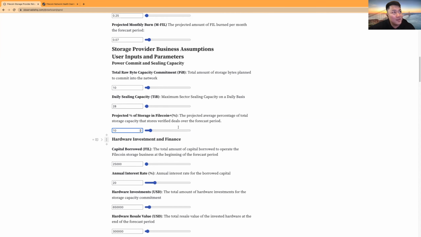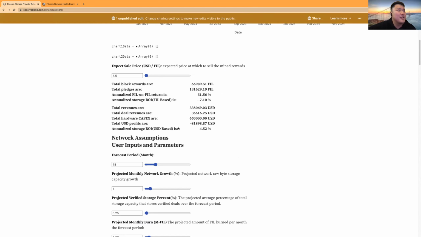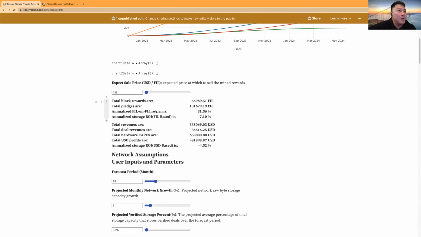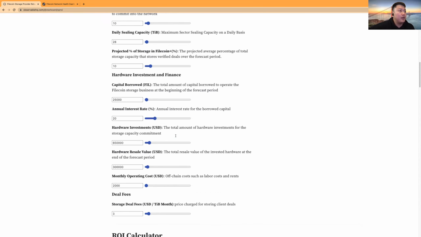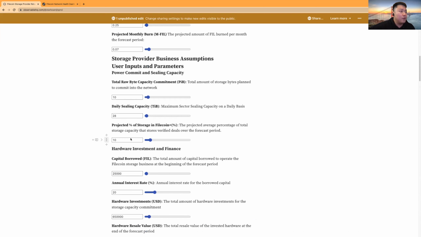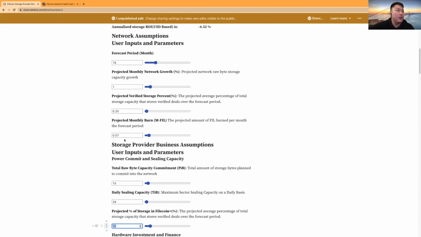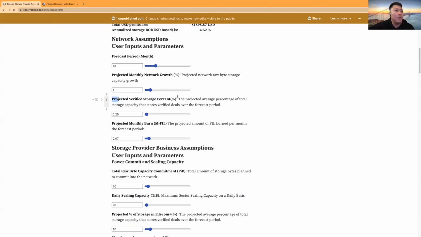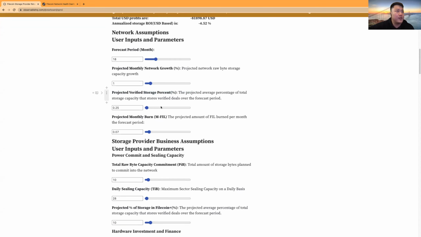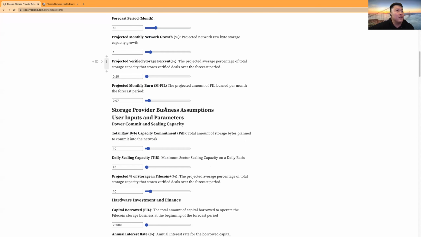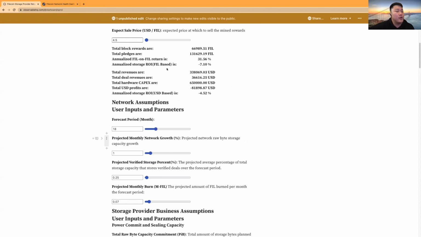By the way, it is browser based and it can be slow sometimes, so please feel free to be patient. You can see how this can impact the annualized storage return. If you're curious about this, you can also track the network average of the project verified storage percent, and you will see the actual storage return ROI.